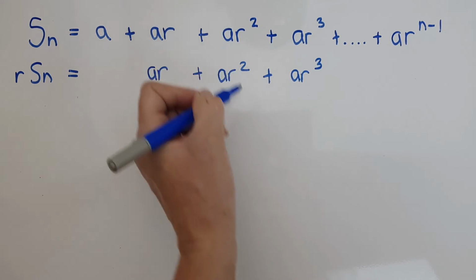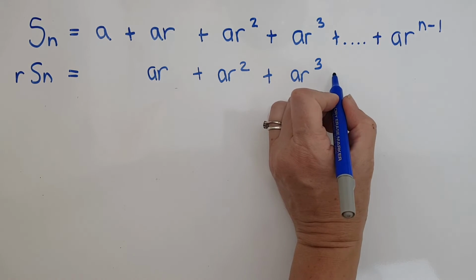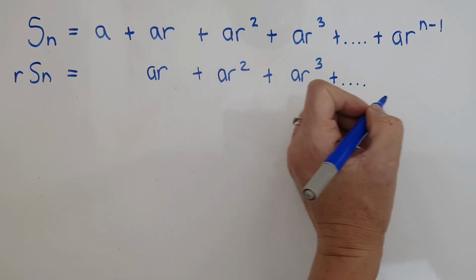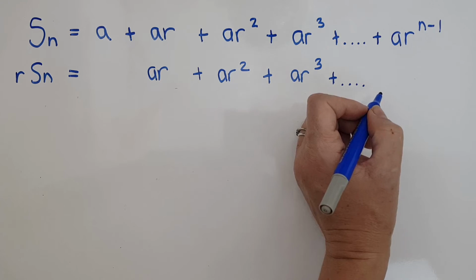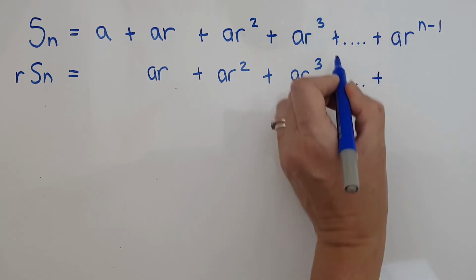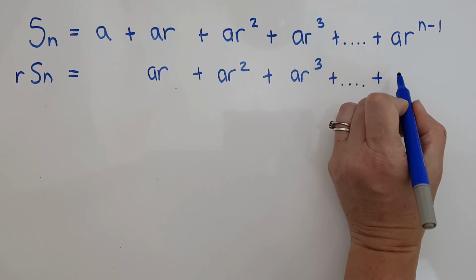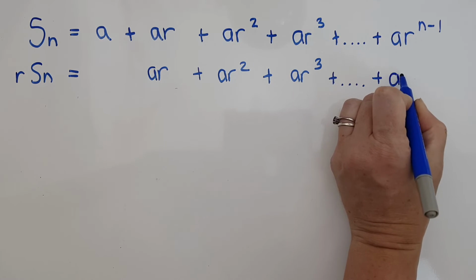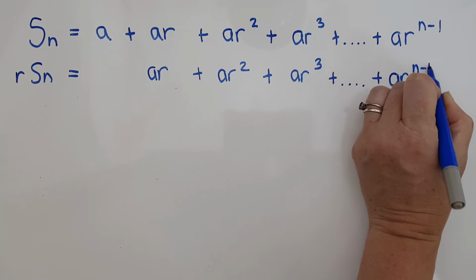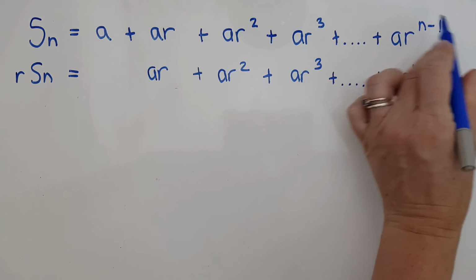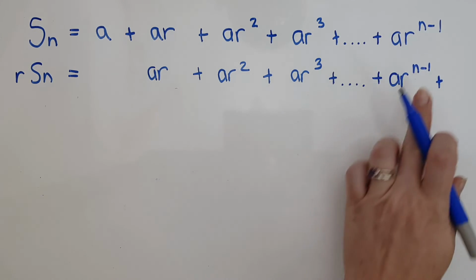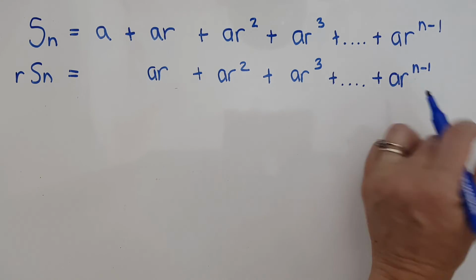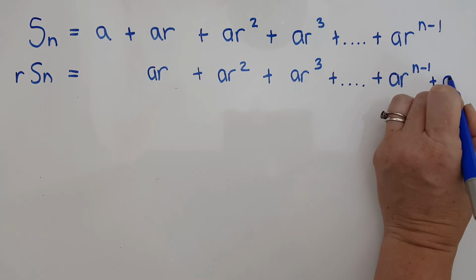Okay, so you can see when I subtract them now, they're going to fall away. All of those will also cancel. And then the next one before this one, when I multiply by r, I'm going to have ar to the n minus 1, sure, but then I'm going to have this guy multiplied by r, and that one's going to be ar to the n.